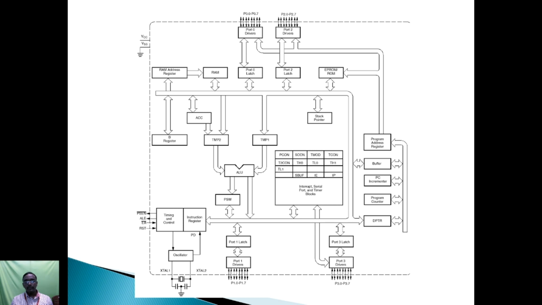DPTR is the data pointer. PC is the program counter. What does the program counter mean? The next instruction to be executed is pointed to by the PC. Next one is PC increment. To increment the PC, next one is the buffer.